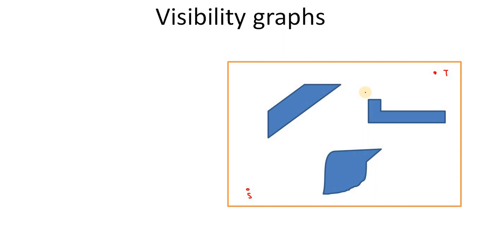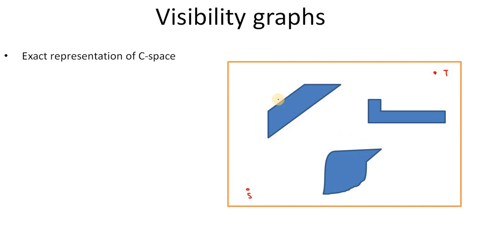In the previous methods that we have learned, we either made cells using discretization of the space, or we tried some kind of graph search algorithm to find the shortest path. But in a visibility graph, we do an exact representation of the C space.